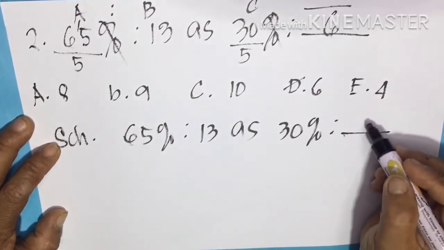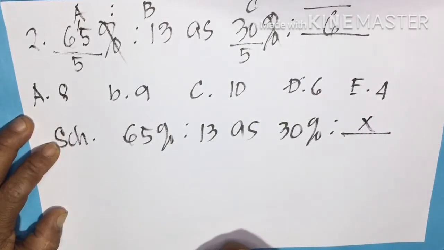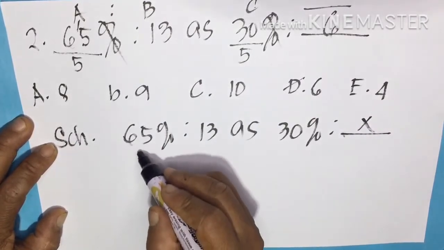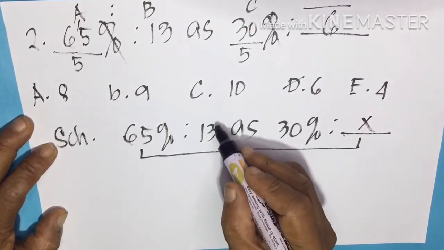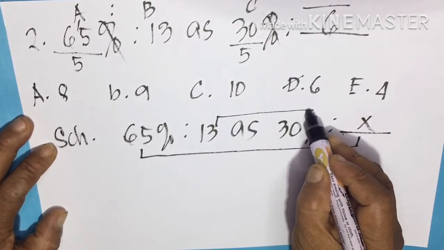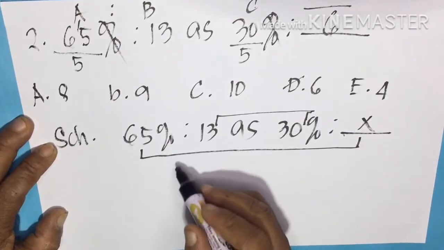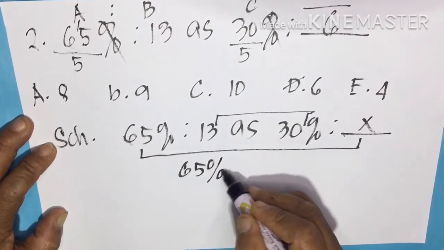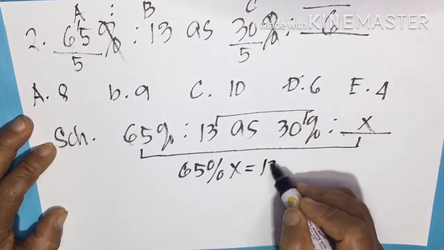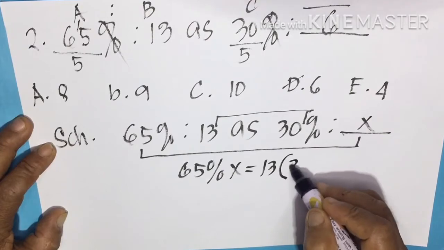So, our unknown is X. The partner of X is 65% and the partner of 13 is 30%. Therefore, 65% X equals 13 times 30%.